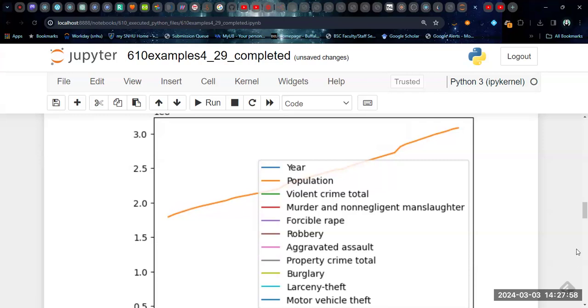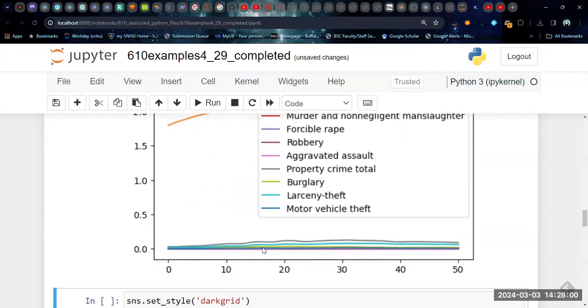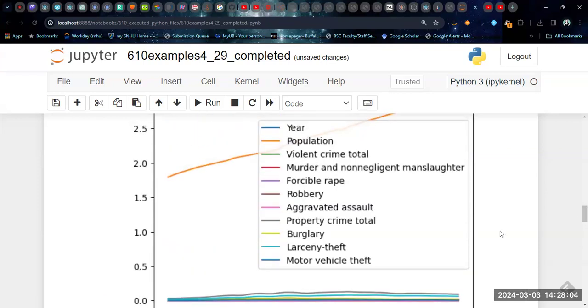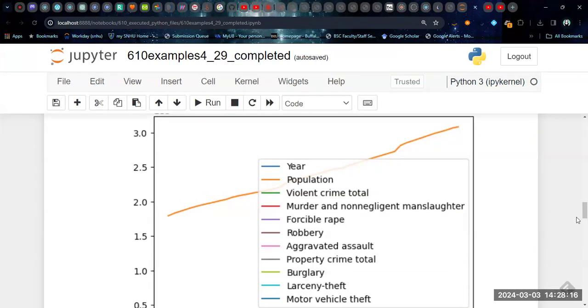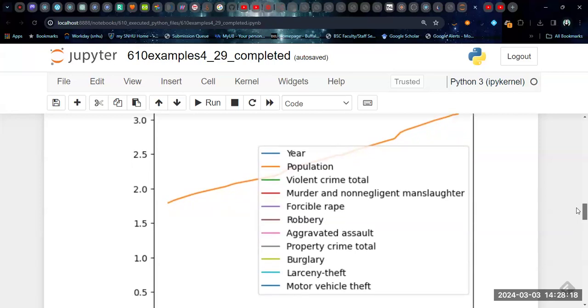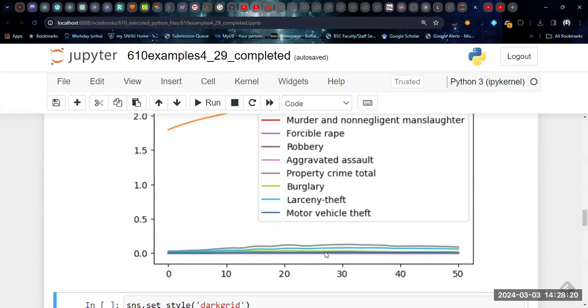And you can see that you run into a couple of different issues when you do this. First of all, the year is plotted as its own variable, which is weird. The legend is so large that it basically takes up the entire graph. And you can see the population is clearly increasing, and it is much larger than all of the other values at the bottom of the graph.